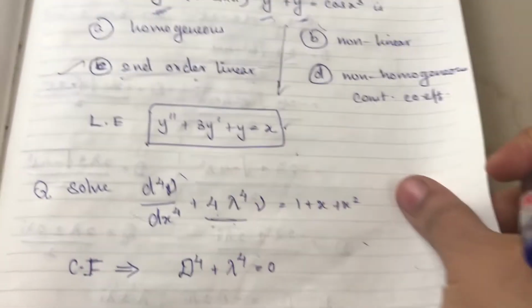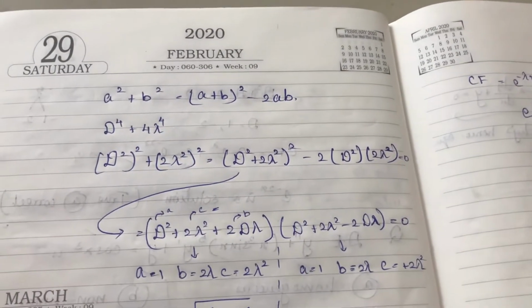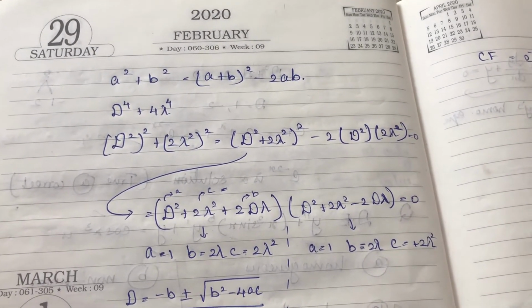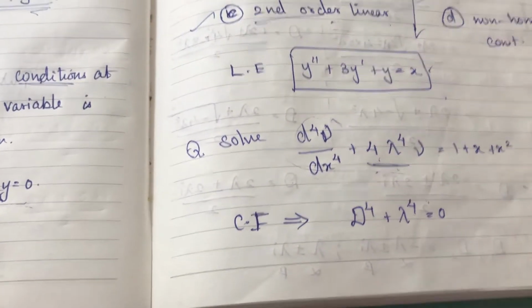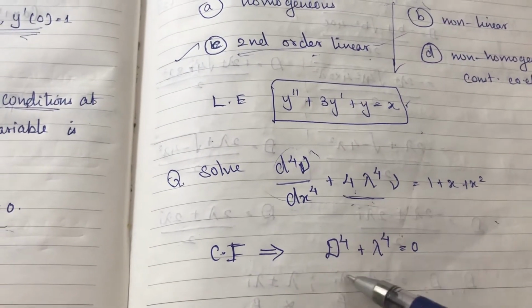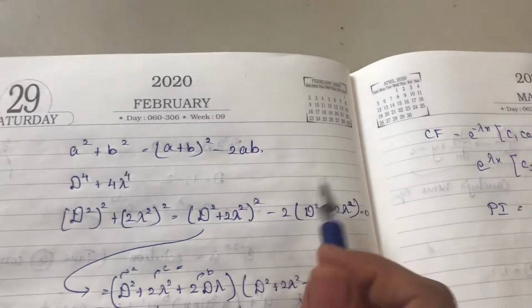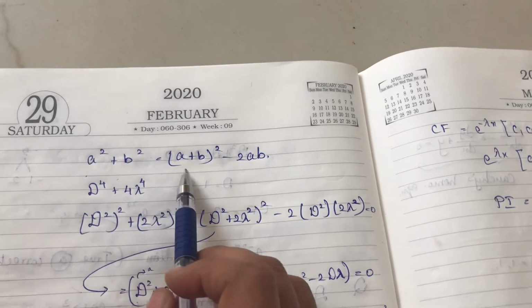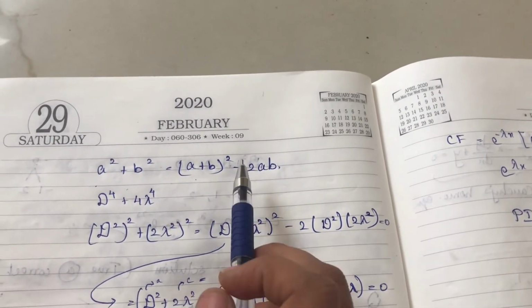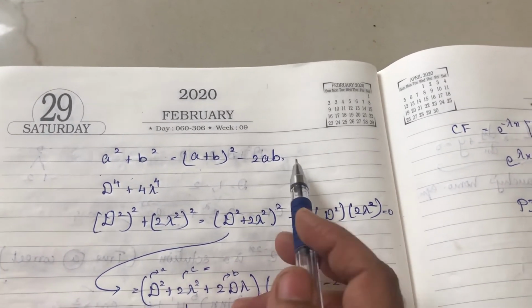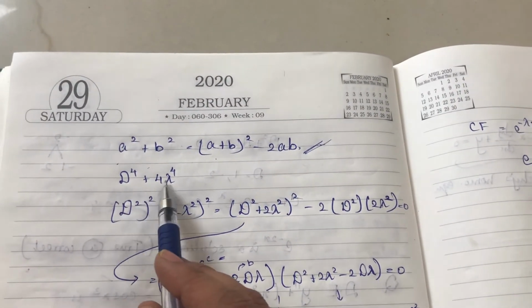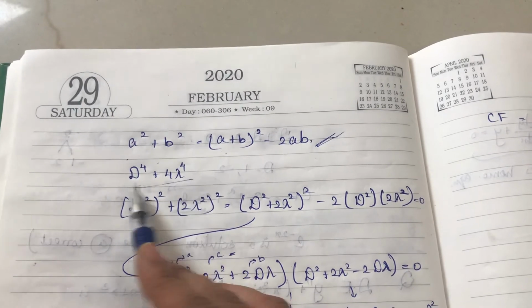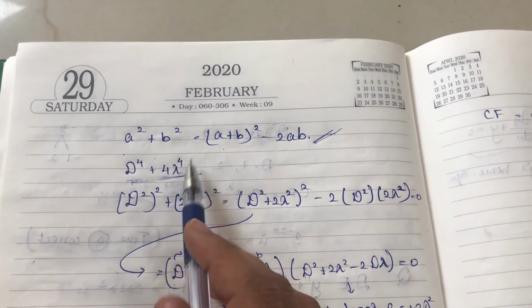So I can get lambda in the form of roots. For that equation we can easily say the left hand side we need to equate to 0. There is one formula: a square plus b square equals a plus b the whole square minus 2ab. From this formula I am writing D power 4 plus 4 lambda power 4 as a square plus b square.